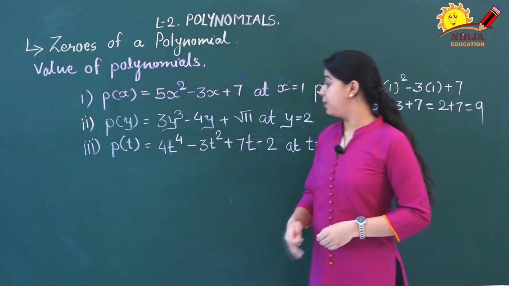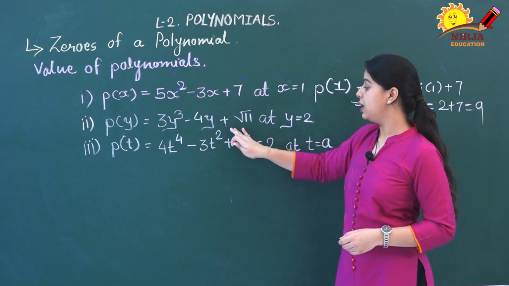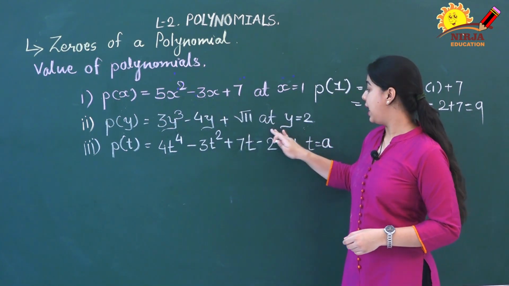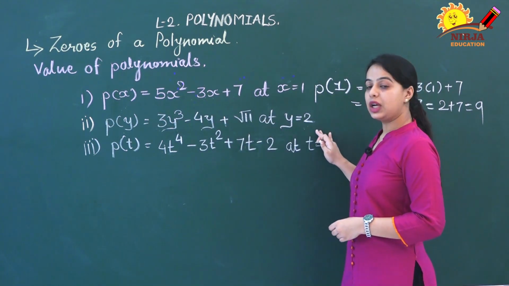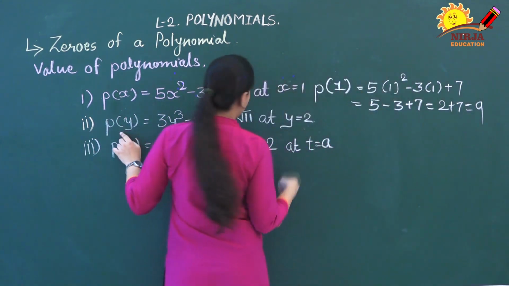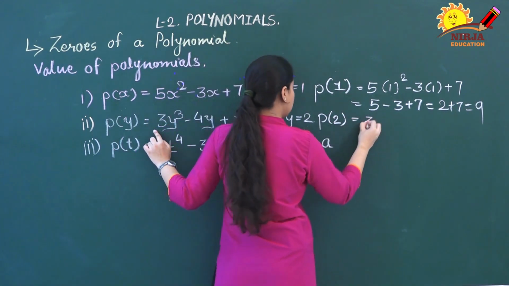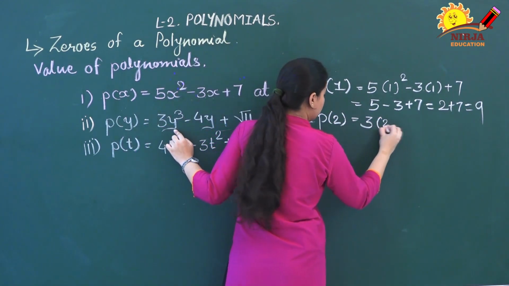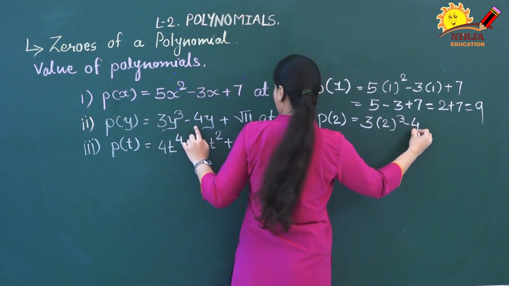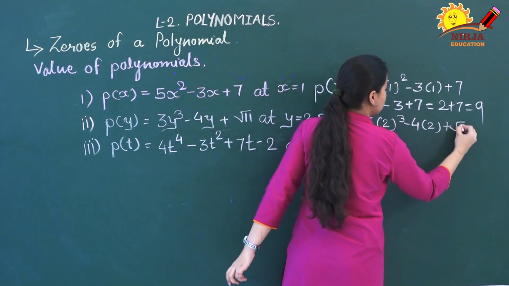Let's see another example. P of y is equal to 3y cube minus 4y plus under root 11 at y is equal to 2. We are going to replace y as 2 in this polynomial. So in place of p of y, we can write p of 2 is equal to 3 into 2 cube minus 4 into 2 plus under root 11.